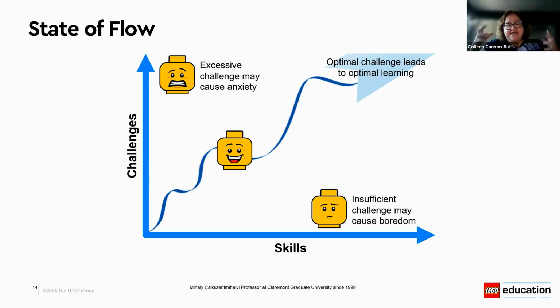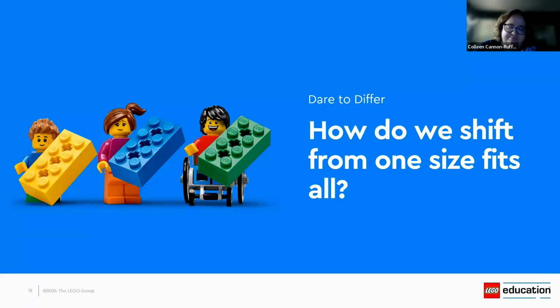It's that idea that you are just so absorbed in what you're learning that you can't see anything else. The challenges that we set for students need to be open-ended and flexible enough that students aren't under-challenged and bored or over-challenged and frustrated. So that leaves us in the middle, that optimal level of challenge that gets students into that state of flow that makes it easier for them to learn.